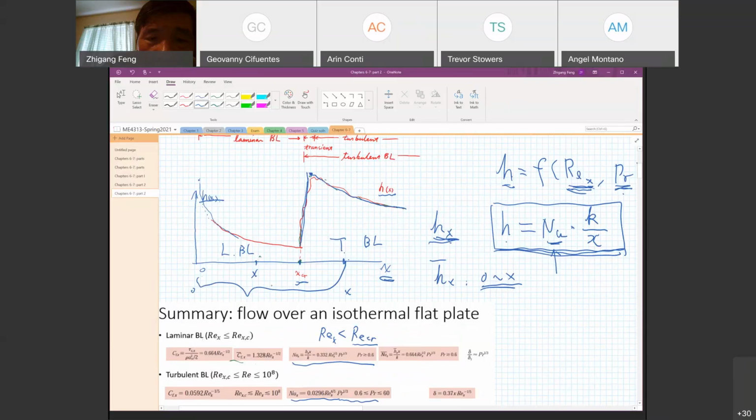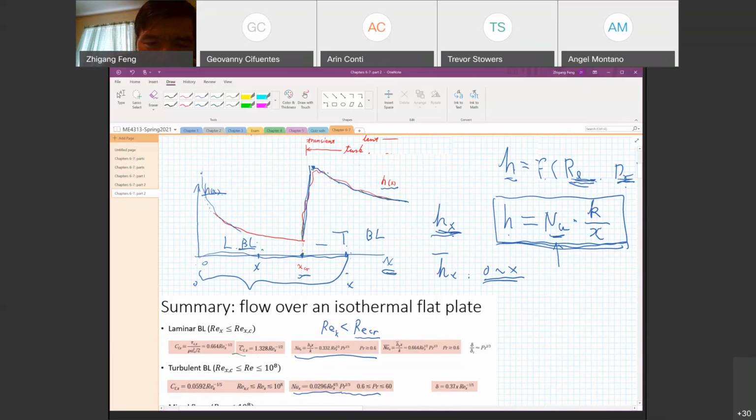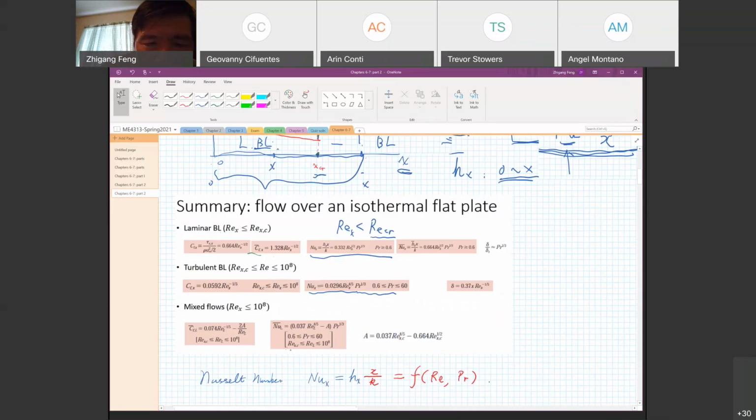In this case, I need to know what type of flow is above this length, whether it's purely laminar or a mixed flow. For the drawing I have here, the flow above this region includes the laminar part and the turbulent part. So that's where you need to use the mixed flow correlation. So you will need this equation for the mixed flow.